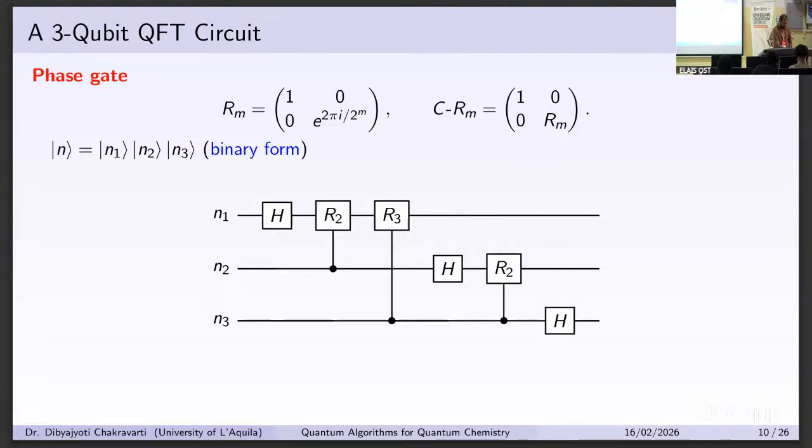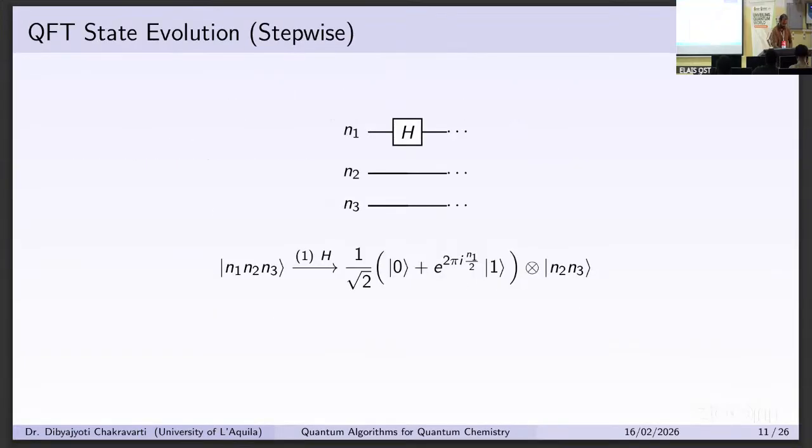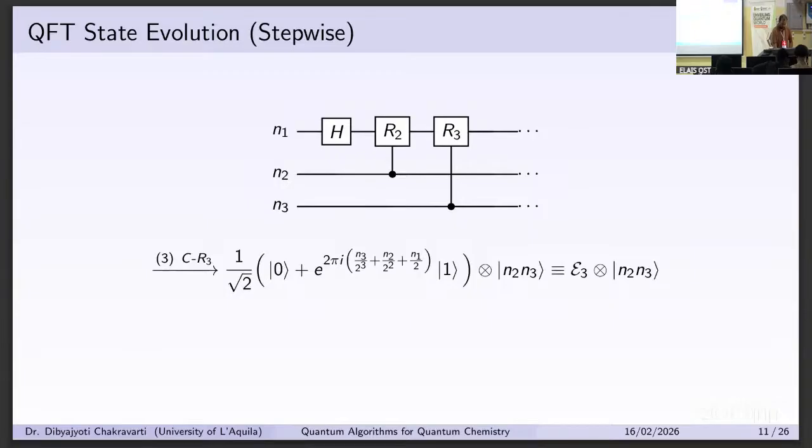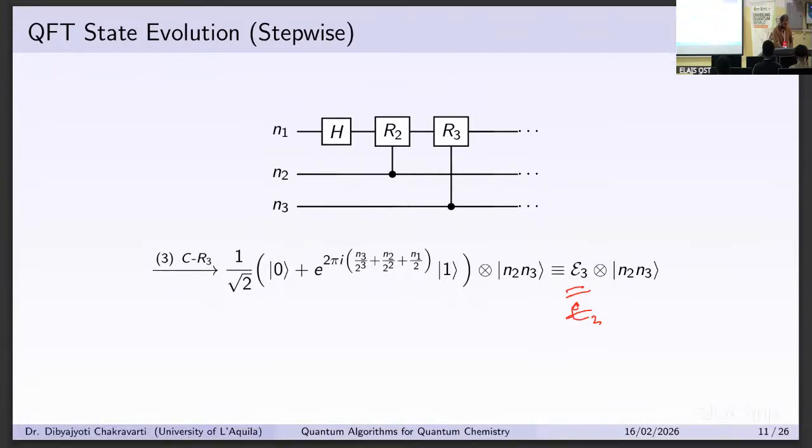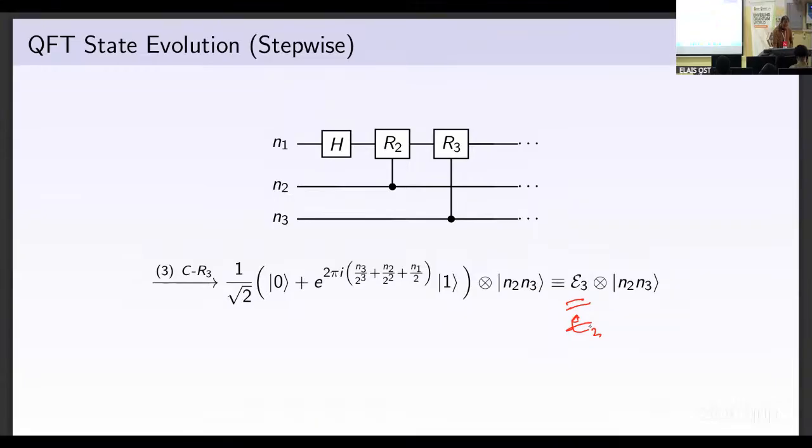So we can write this as, so this is the final equivalent, so omega 3 is the equivalent of n3 in the Fourier basis.